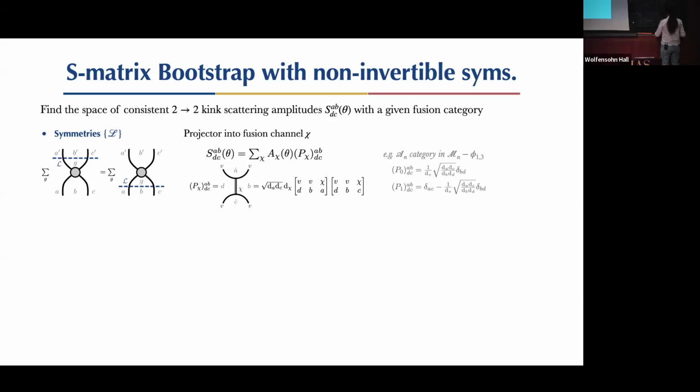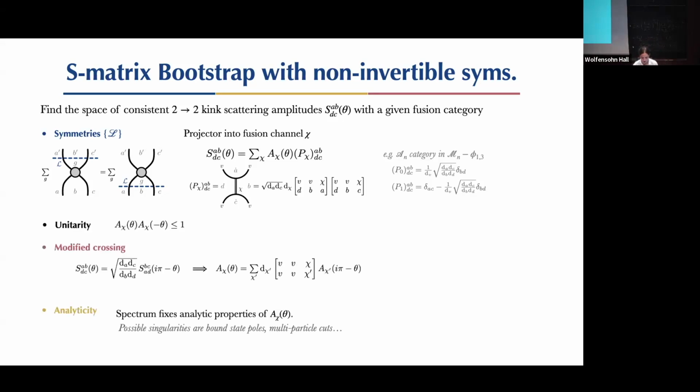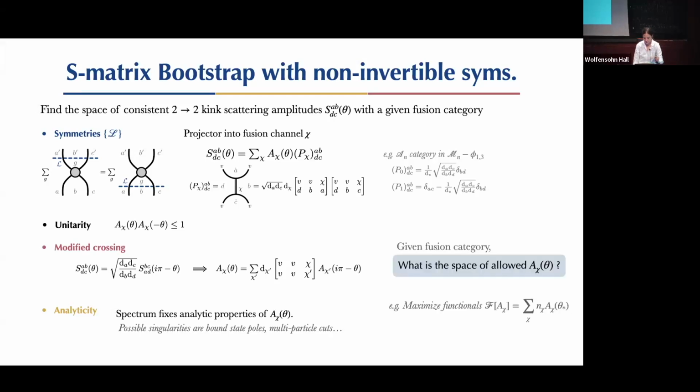You can see that. This is why in the amplitudes, we would have like 0, 0, plus, plus. And then you ask for unitarity for these coefficients, A of chi. And this modified crossing will imply some condition, again, on this A of chi, like our S of theta for the O(N) model. So what is the space of possible amplitudes A of chi?